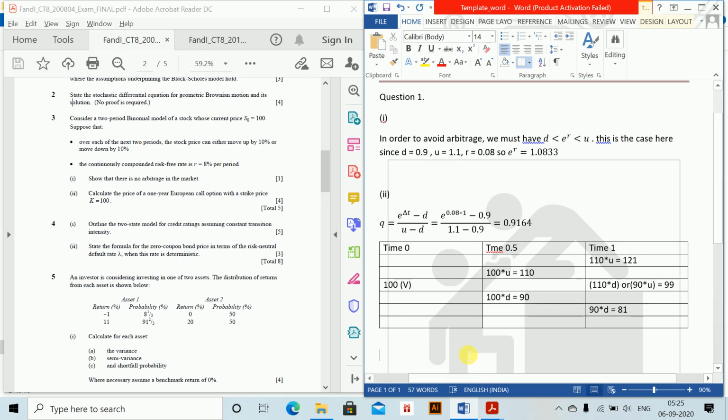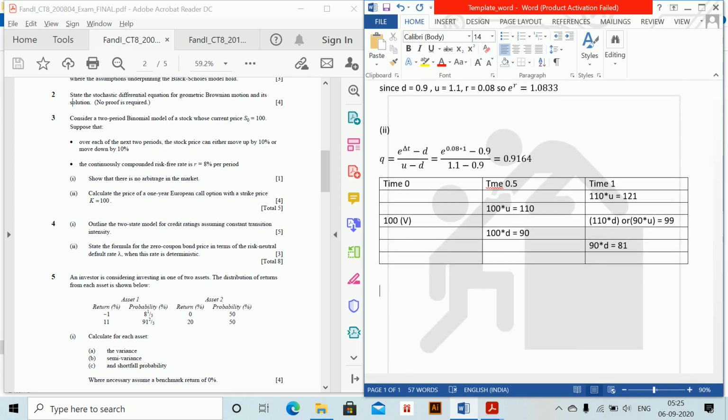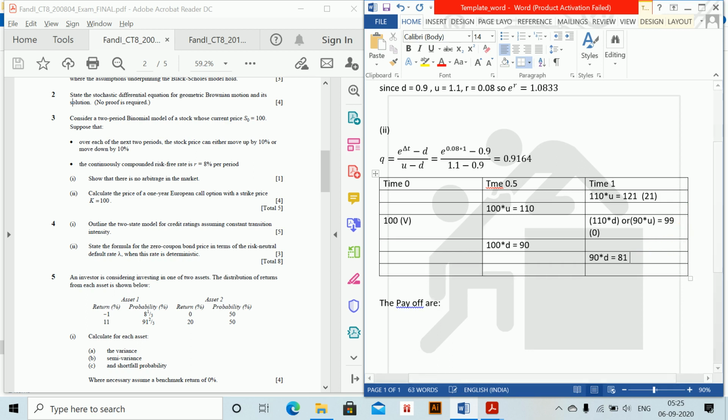Okay, once you have got this, now our payoffs: for the first case it is 121 minus 100, which is 21. Here it is 0 since this is less than the strike, and here also it is 0 since this is less than the strike.